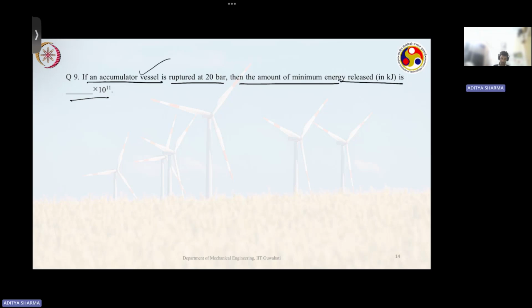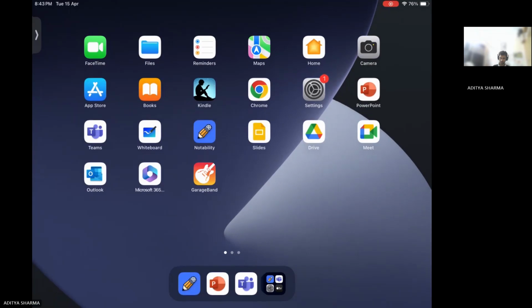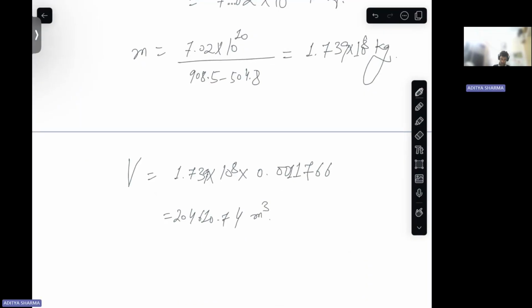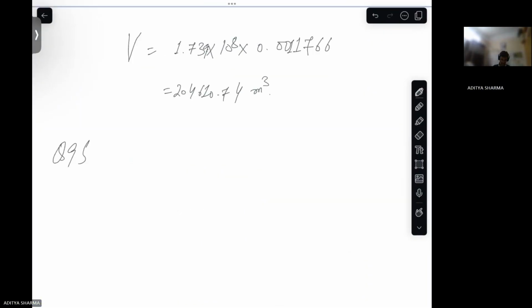So if the accumulator vessel ruptures, then the enthalpy or the energy release can be calculated from your enthalpies, right?